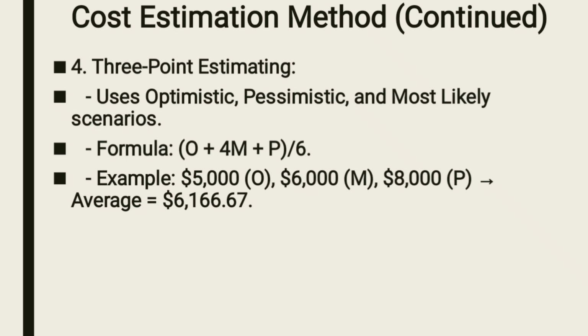What will be the cost of that project? We say 5,000 plus 4 multiplied by 6,000 plus 8,000, the whole of it divided by 6, and the answer you find is $6,166.67. So that is the cost using three-point estimating.